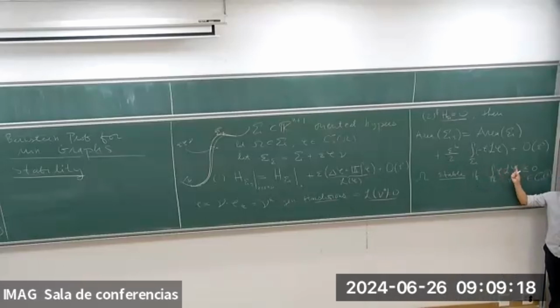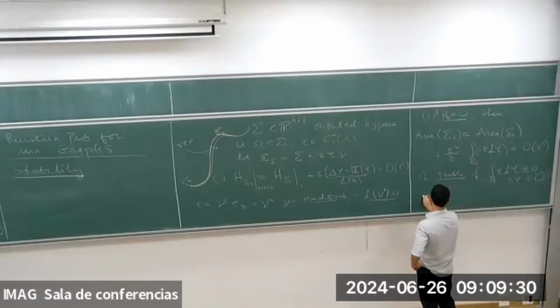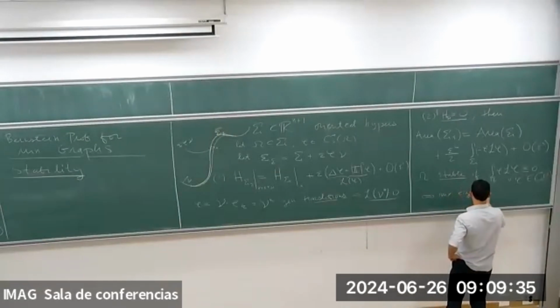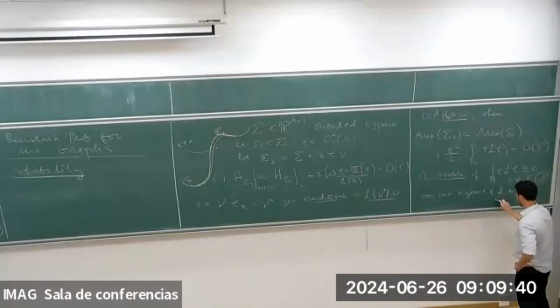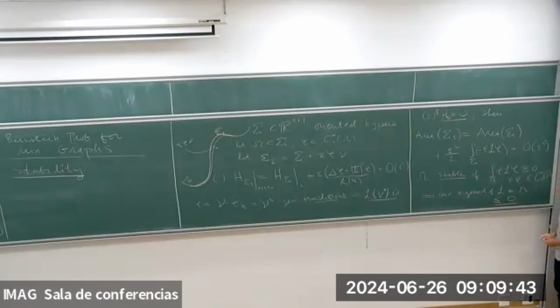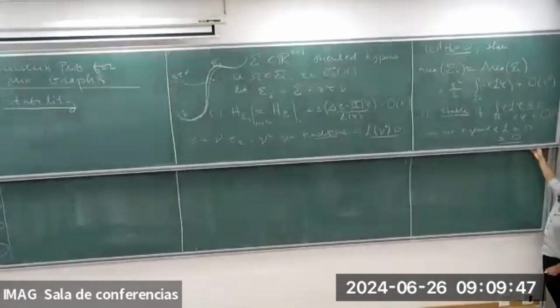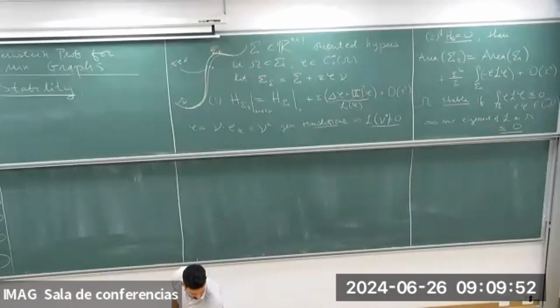Namely, if you try to maximize this quantity subject to the constraint that the L2 norm of φ is 1, you'll simply get the maximal Dirichlet eigenvalue of the operator. This is the same thing as the maximal eigenvalue on Ω being less than 0. All right.